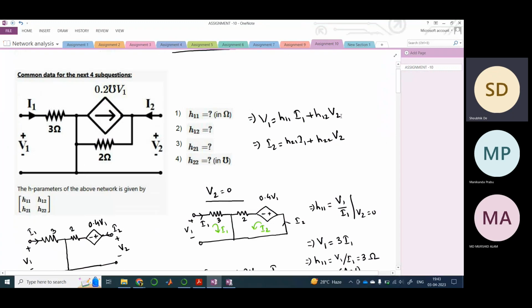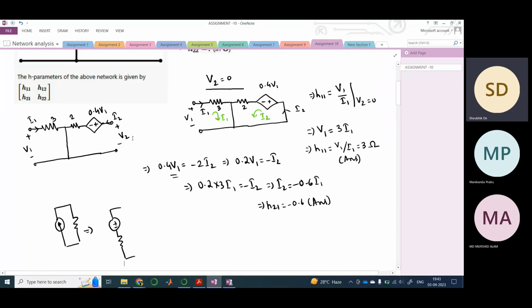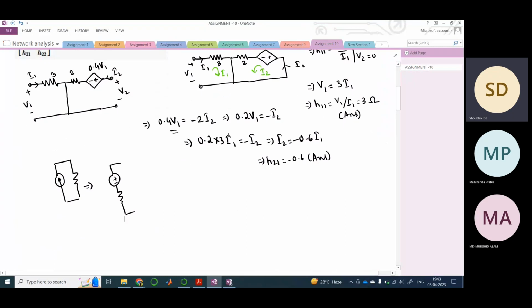When you see any circuit like this, a current source and a resistance, you always try to apply a source transform and just check once whether this solves your problem or not. This is my suggestion. This will improve the analysis. There would be less chance of making mistakes.